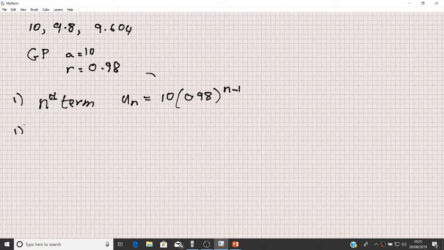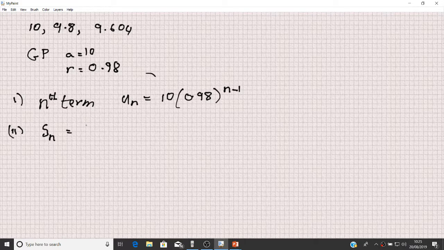Part 2, we were asked to find an expression for the time taken to shape n bowls. So the time taken to shape n bowls will be Sn, the sum of the number of minutes for each bowl.